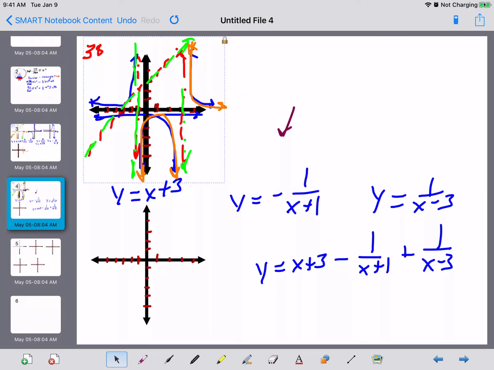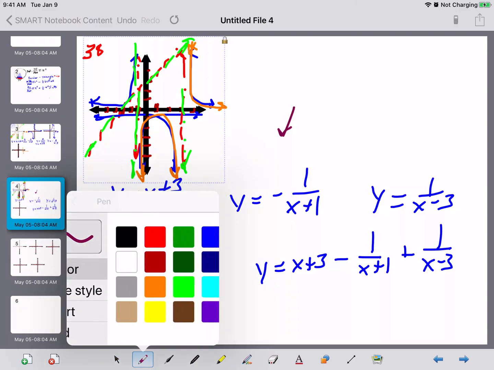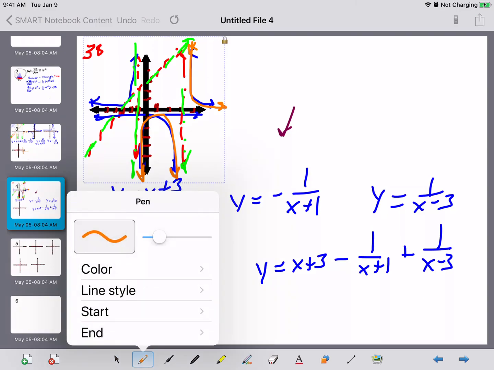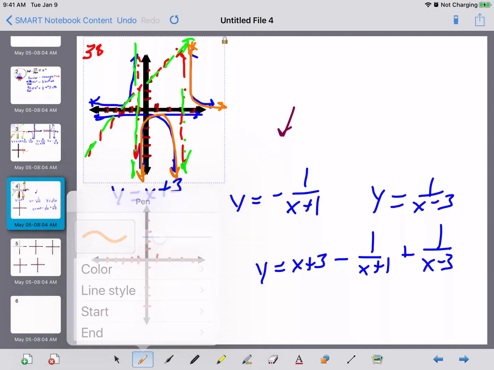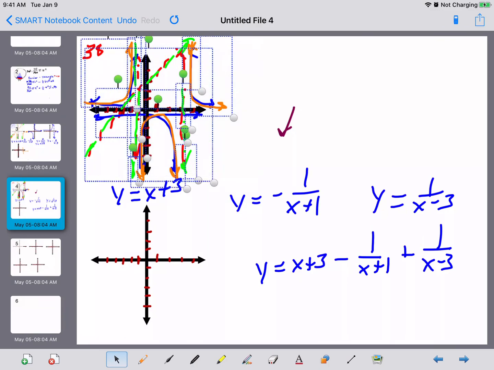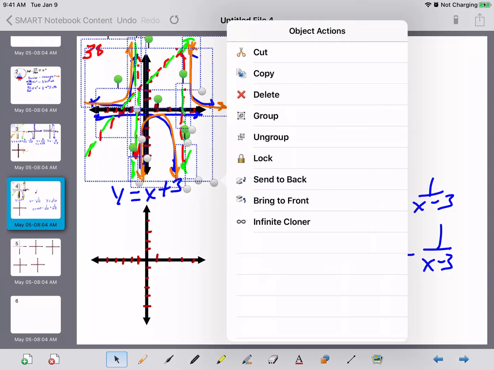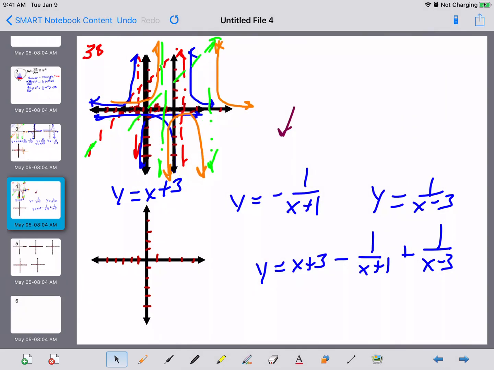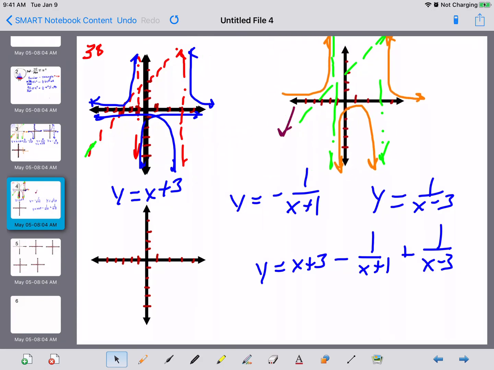So my general form of this graph, let me get my orange back, is going to come across here and come up and come through. So if I group that, so you guys can see me pull it apart, and I'm hoping that I froze everything else out correctly, I can pull that out, and that is the shape of my graph.